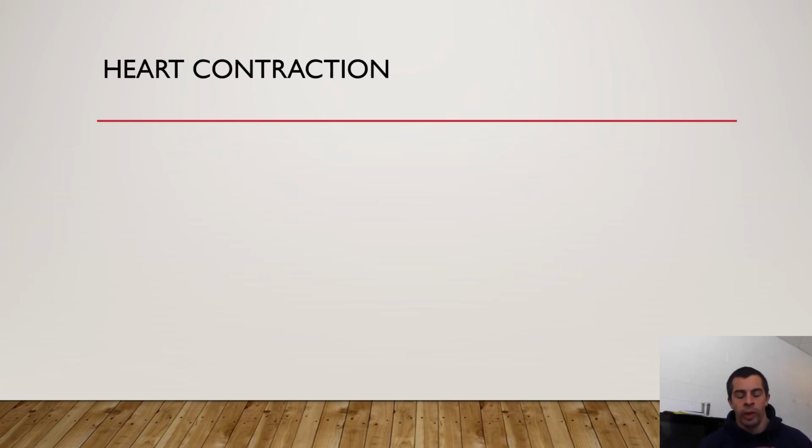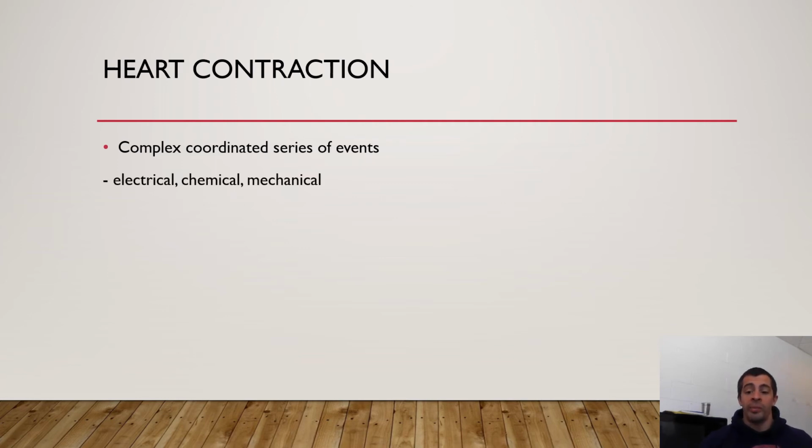So up to this point, we've really only talked about one aspect of your heart contracting, and that's the mechanical component. However, your heart is a complex, coordinated series of events. In this case, it really encompasses three different things: electrical, chemical, and mechanical.